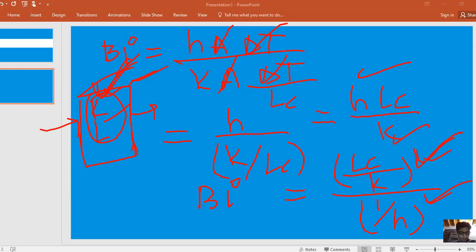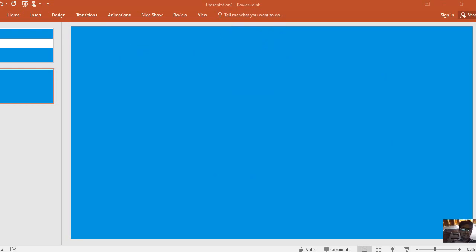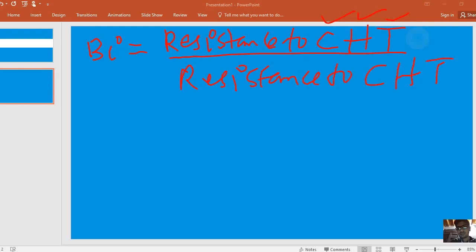So the Biot number is nothing but the resistance to conductive heat transfer over the resistance to convective heat transfer.